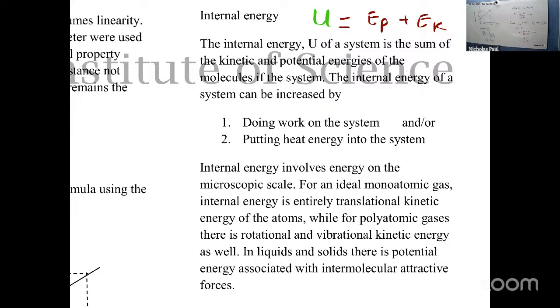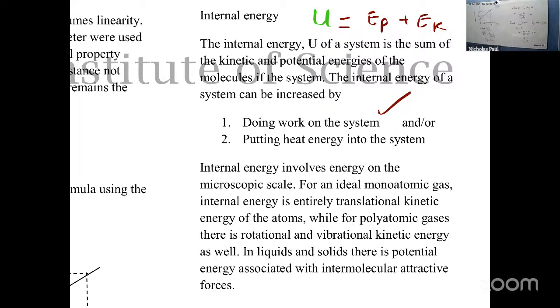A solid, because of the bonds. So how can we increase the potential energy of a substance? Freeze it. If you have a liquid, freeze it. You can also do work on the system, like compress it, and allow the bonds to be stronger. So when they say potential energy, they are talking about bonding. If you increase the internal bonds, you increase the potential energy.